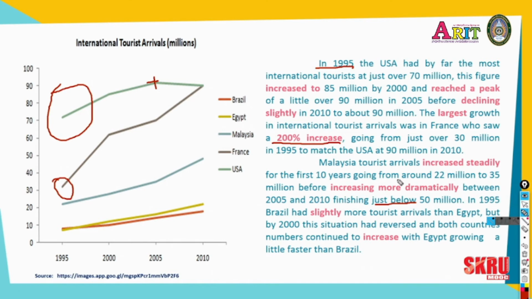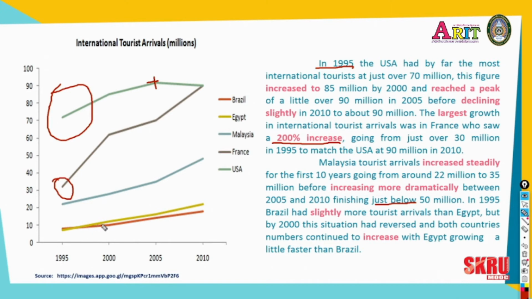In 1995, Brazil had slightly more tourist arrivals than Egypt. Brazil, our reddish line here, and Egypt, our yellowish gold line. And they're almost the same place, but the red's just above. But by 2000, this situation had reversed.